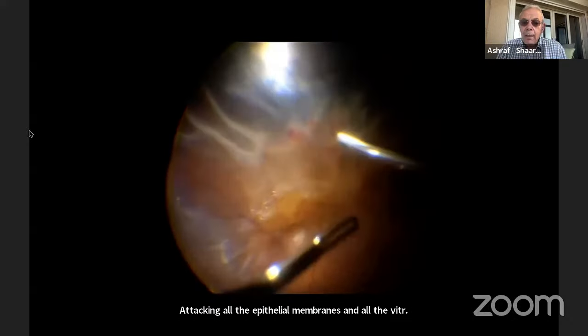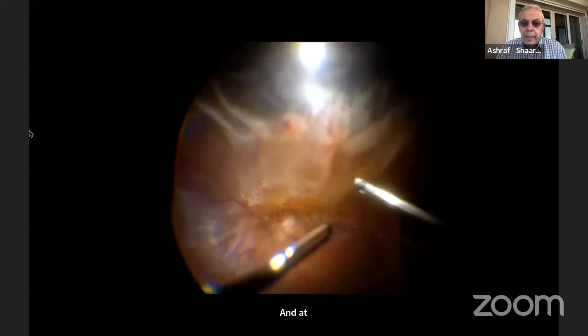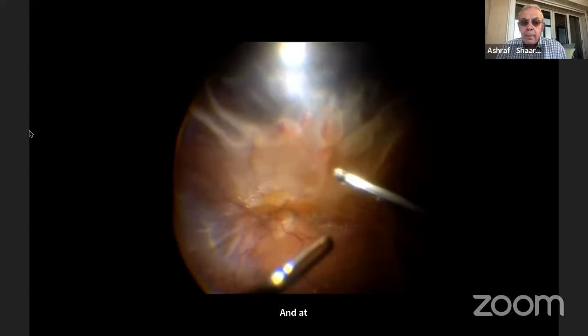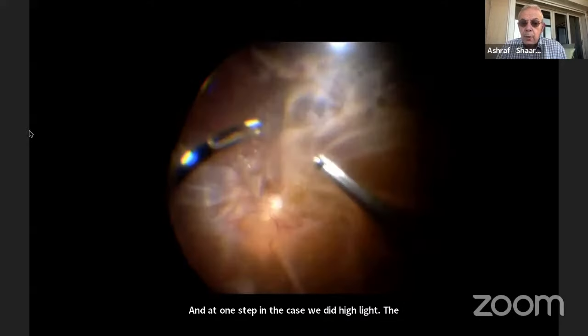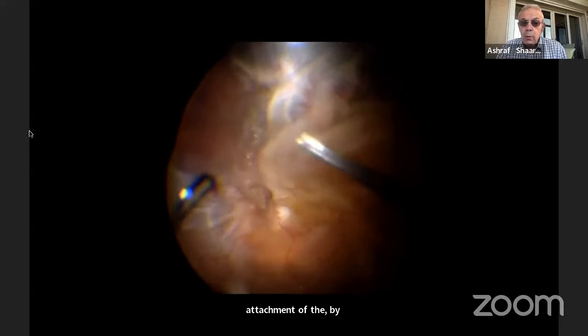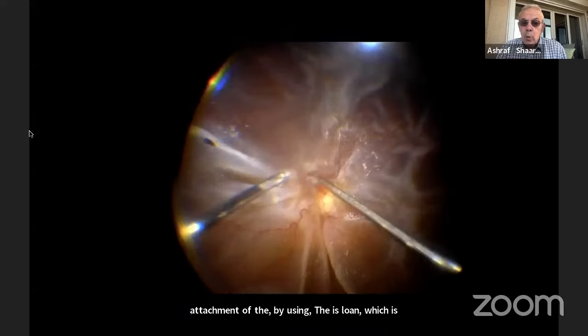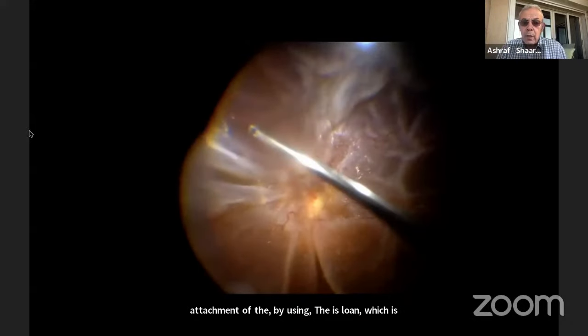At one step in the case, we highlighted the attachment of the vitreous by using intravitreal triamcinolone, which is a valuable visual aid tool for the surgeon.